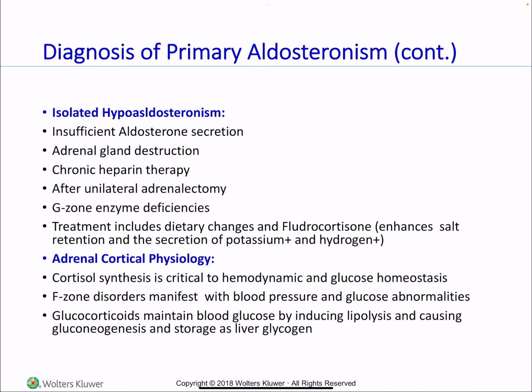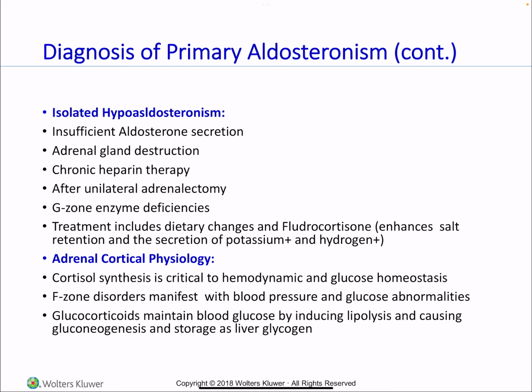There is also a condition called isolated hypoaldosteronism. In this condition, this is an isolated event with insufficient aldosterone secretion. This could be due to adrenal gland destruction.